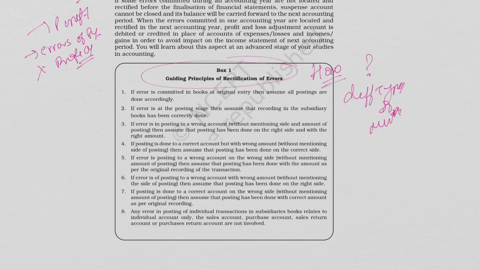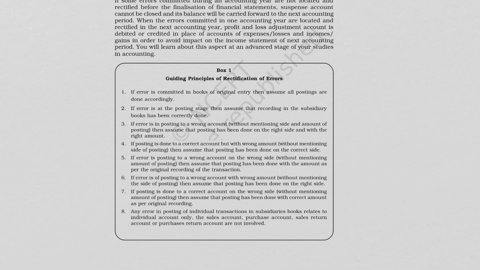Okay. So principle 1 we have, if an error is committed in the books of original entry, assume that all the postings were made accordingly. So the books of original entry, we know, include sales book, purchase book, cash book, and journal. So if an error occurs here, it means that the same error will automatically be carried forward to the ledger.